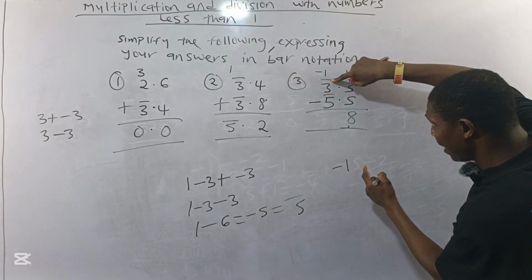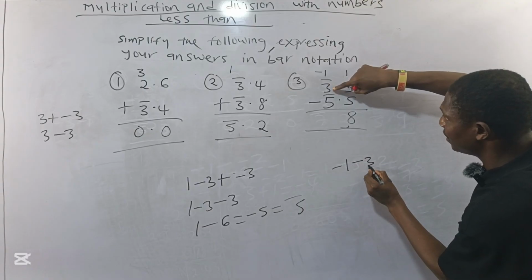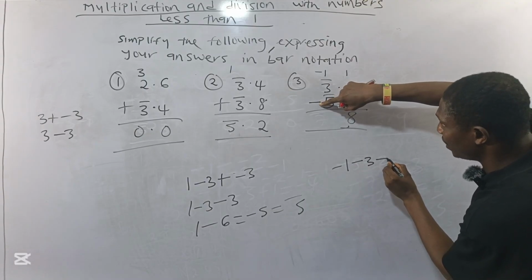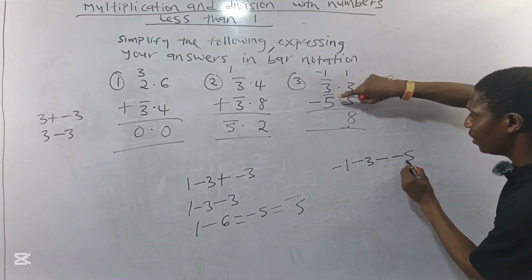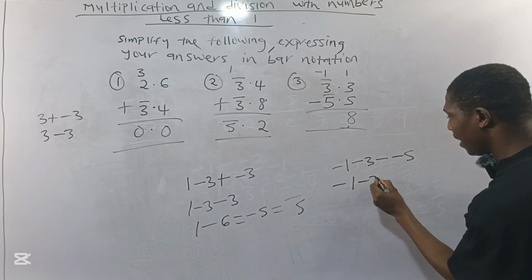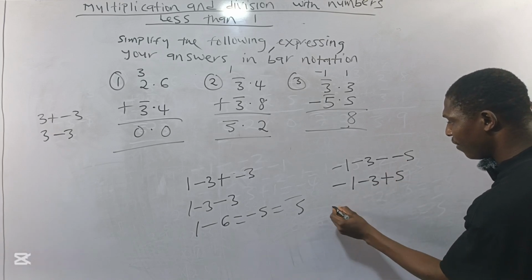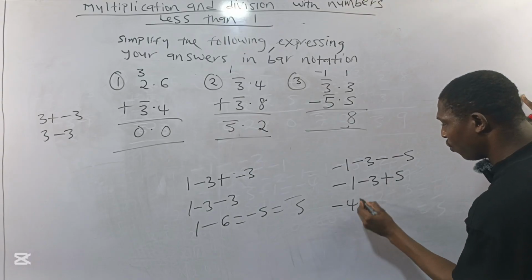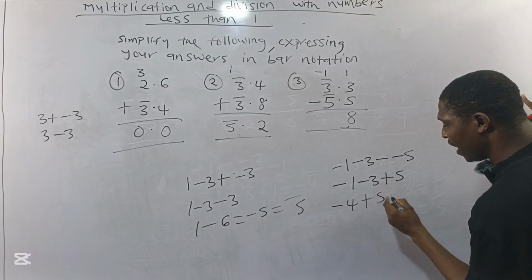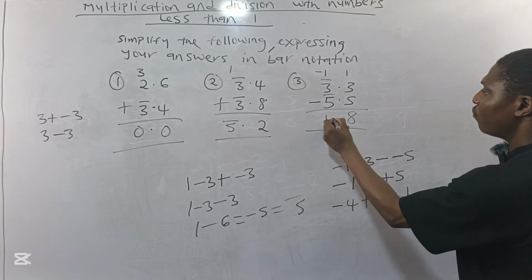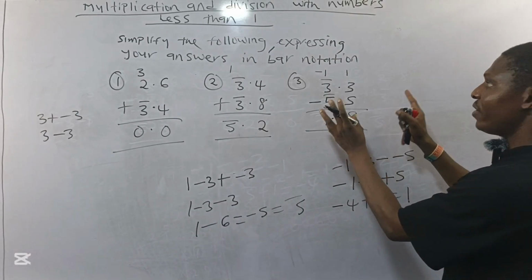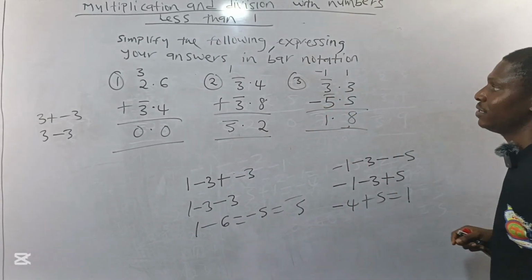Bar 3 is minus 3. Minus for this and bar 5, minus 5. So this will give me minus 1, minus 3. Minus minus is plus 5. So I have minus 1, minus 3 will give me minus 4, plus 5. Minus 4 plus 5 will give me positive 1. So I have 1.8 for this. Please be very careful with this.